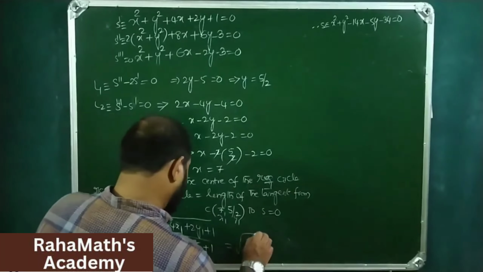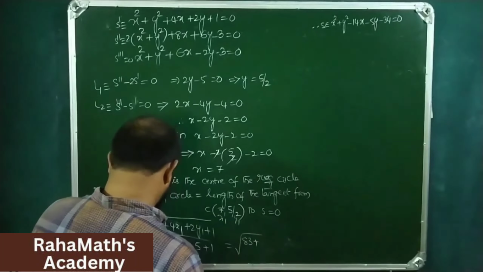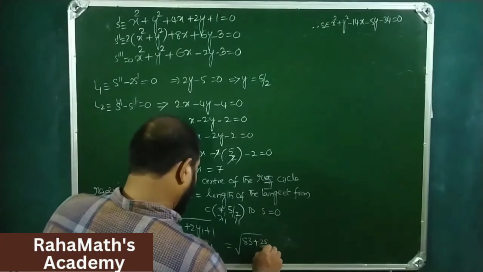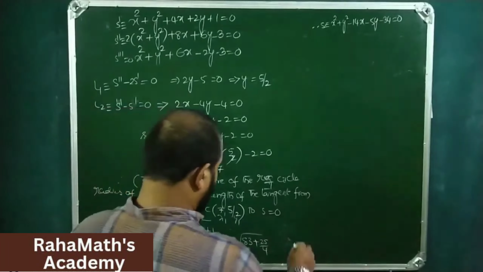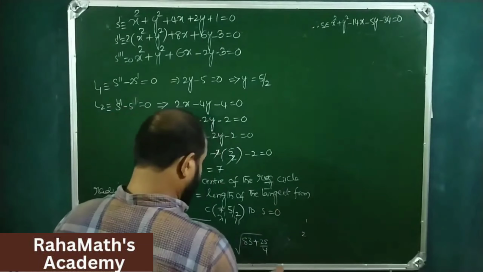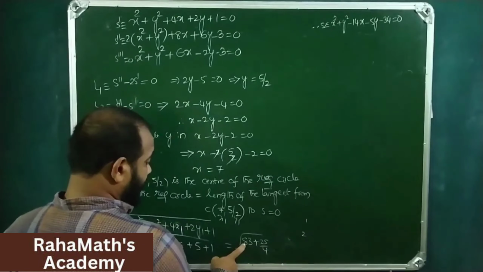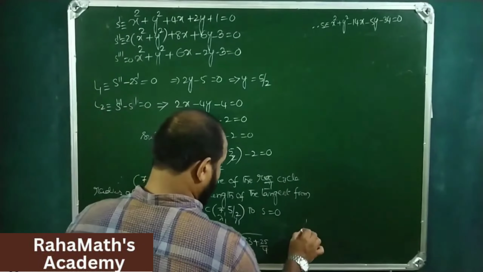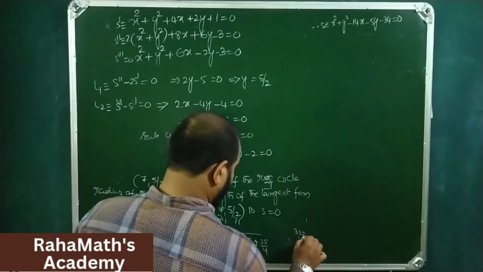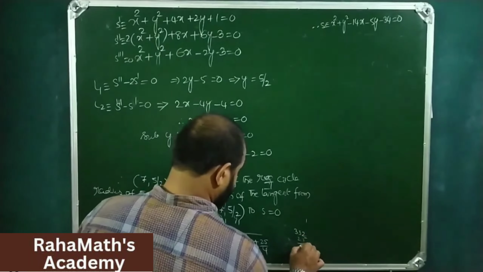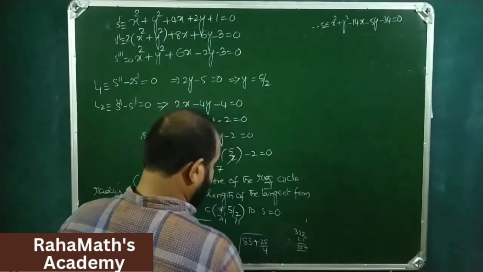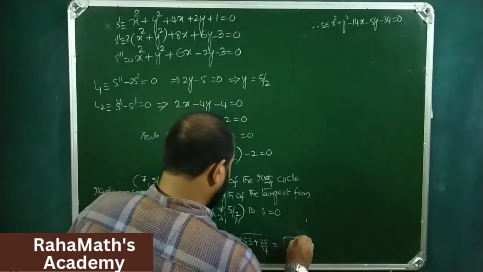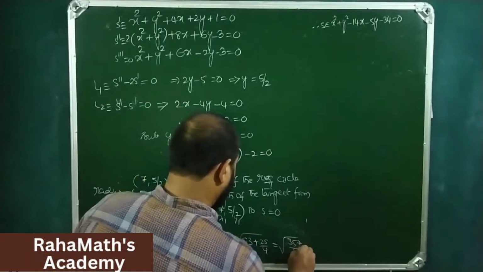So this is equals to 83 plus 25 by 4. So 4 3s are 12, 1, 4 8s are 32 plus 1, 33 plus 25, 357 by 4. This is equals to root 357 by 4.